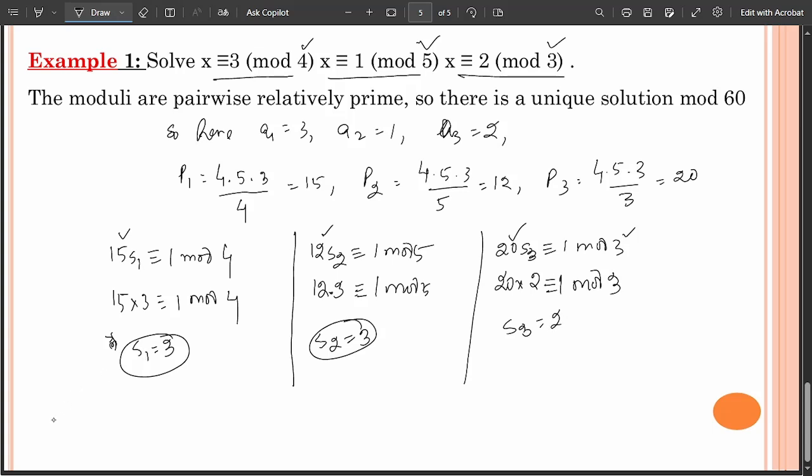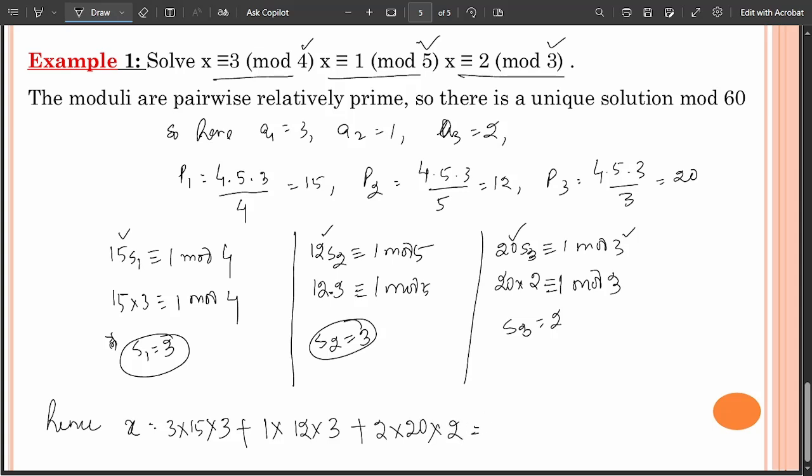Hence our x becomes a1 p1 s1 plus a2 p2 s2 plus a3 p3 s3. A1 is 3, p1 is 15, s1 is 3, plus a2 is 1, p2 is 12, s2 is 3, plus a3 is 2, p3 is 20, and s3 is 2.